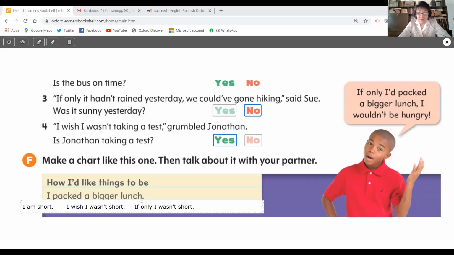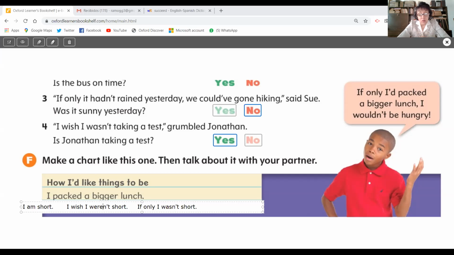But guess what? We have one situation in English that we don't have an explanation for. Remember that the verb to be in past is always I was, you were, he was, she was, it was. Well, but in this case, when you are using I wish or the unreal past conditional, you can say were.